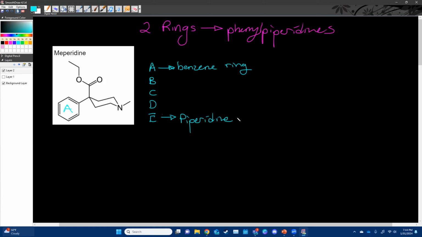And so this is going to bind into the mu receptor, creating our salt link that's required.